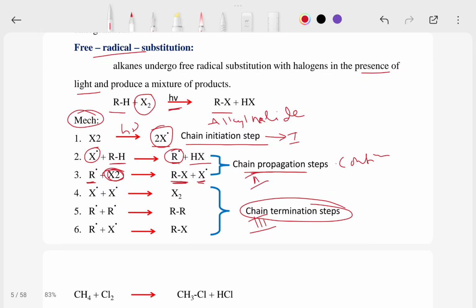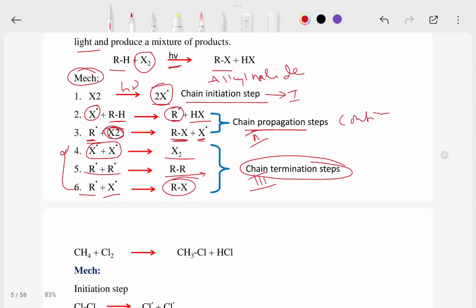Termination means that two halogen radicals combine to form a halogen, or two alkyl radicals combine to form a new alkane, or one alkyl radical and one halogen radical combine to form alkyl halide. If any of these happens, the reaction is stopped. This step is called the chain termination step.